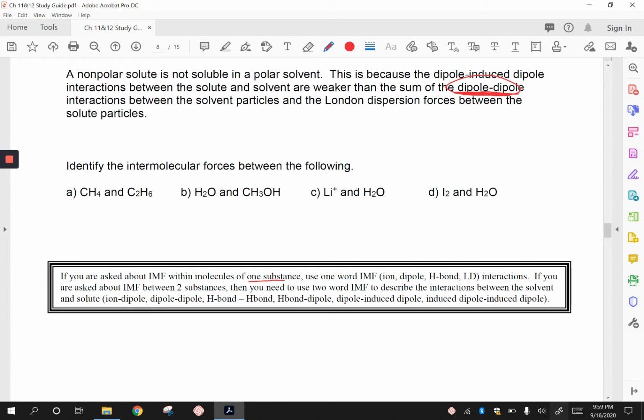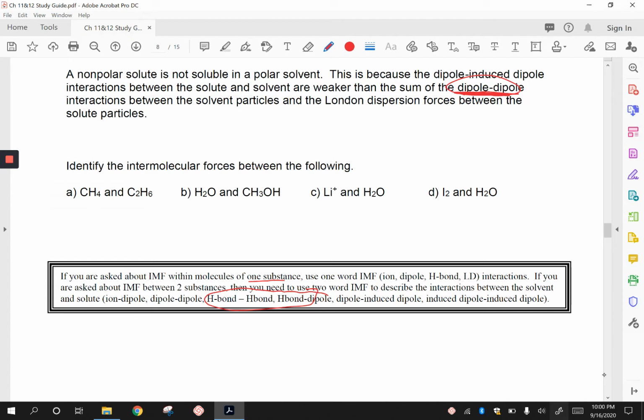Or H bond if you'd like, HF in water, or H bond dipole. These can be called dipole dipole if you'd like, but if you want to be more specific, you're welcome to use these. Or dipole induced dipole, or induced dipole induced dipole. So if you're mixing two substances and talking about the interactions between them, you use two words. If you're only talking about one substance, you use one word.